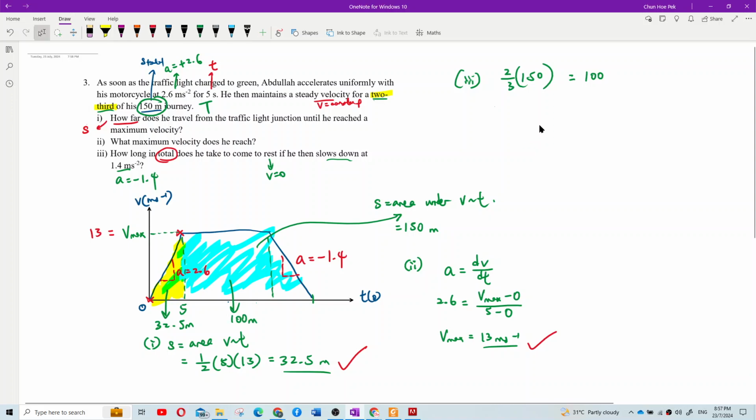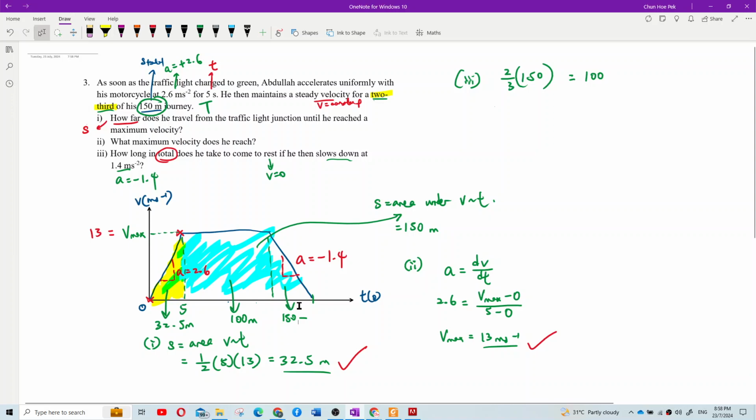That's it. And how much area left, class? The total journey is 150, right? The total area.